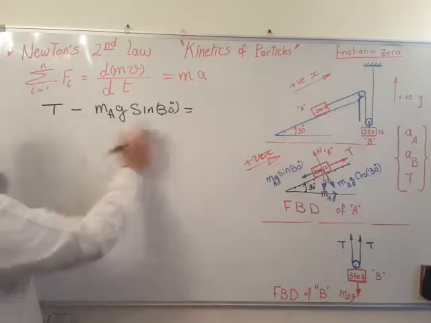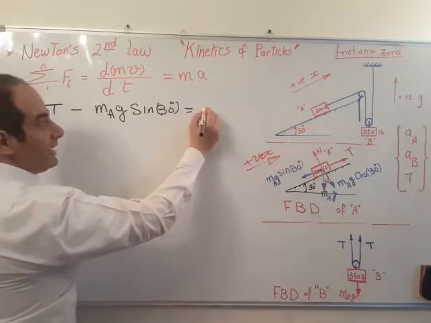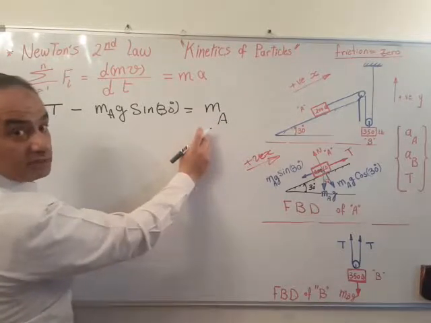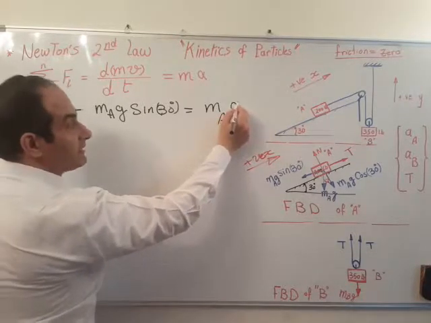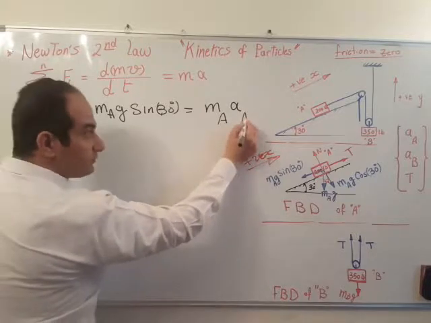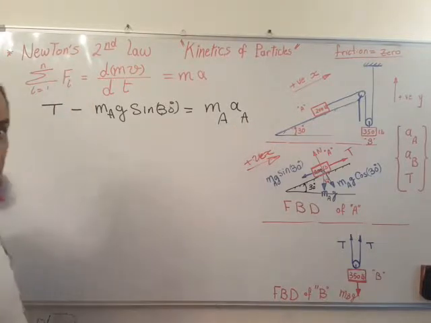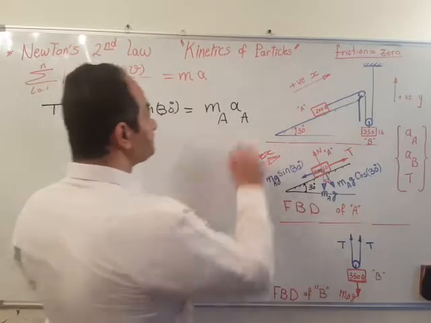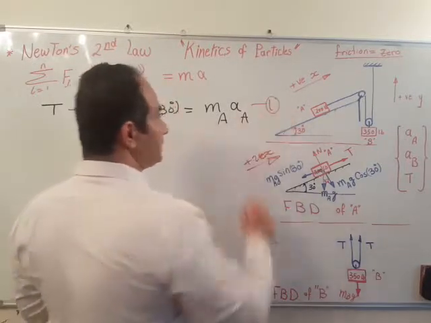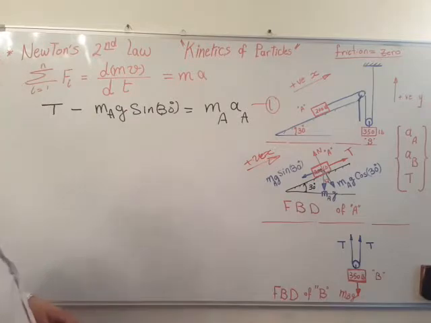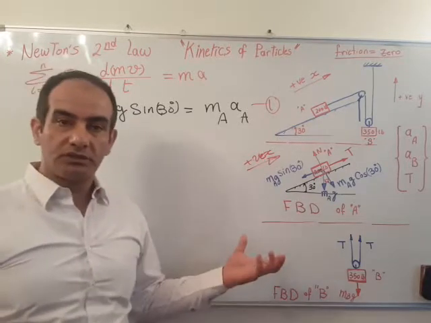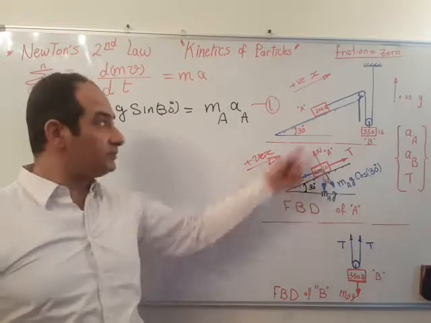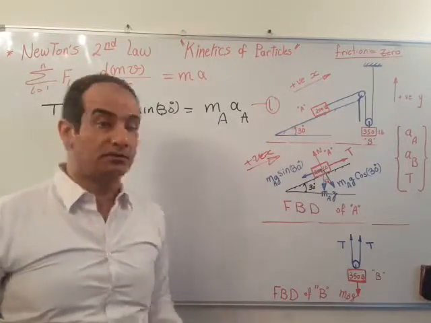This left side is equal to the right side, which is MA, mass A, times the acceleration of mass A. This is the first equation of motion, you can call it equation 1, that describes the motion for mass A, the first mass, 200 pounds.